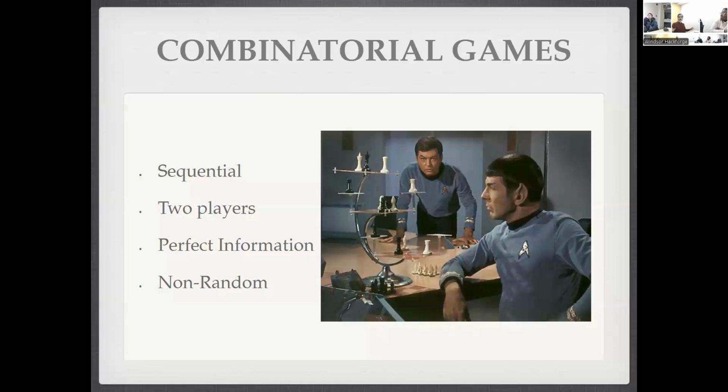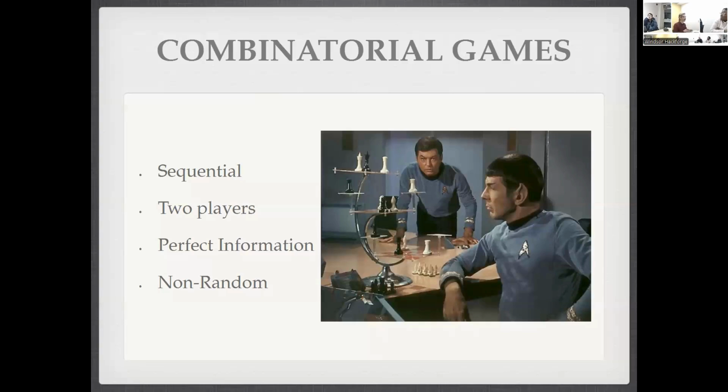So a combinatorial game in the 1976 definition has to be turn-based. Every player makes a move in turn, not simultaneously. Combinatorial games must be two-player games in the strict definition, but the principle can be applied to games with more players. A combinatorial game has perfect information. And so that means that all players have access to all the information about the game. There's nothing hidden.